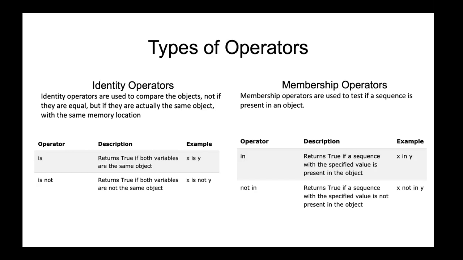So the identity operators check if one value is the other value, and you can also check if one value is not the other value. It's like a condition where you're checking, is A B, or is B A? And the next one is the membership operators, which are used to test if a sequence is present in an object. A sequence could be a string, and we check whether a certain character is in it. So we can say if X is in Y, or if X is in a defined string, and print something.